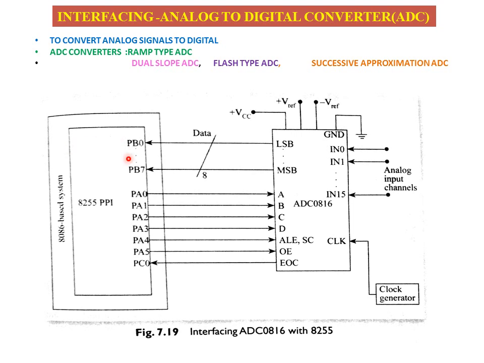Now port B we use as an input port, port A we use as an output port, and the port C bit is used as an input port bit. Then for these ports to act as input or output, the 8255 must and should require one control word.